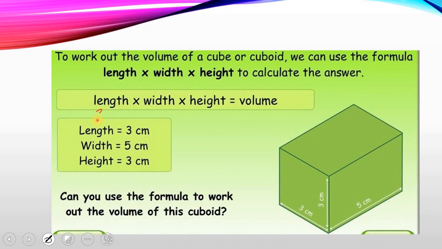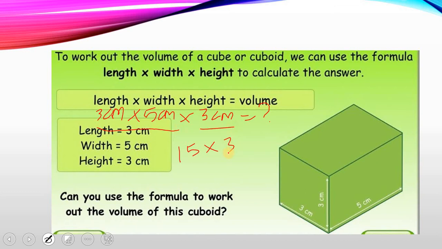So length adalah 3 cm, right? Width adalah 5 cm, height adalah 3 cm. So you only have to multiply, perlu darab saja berapa dia punya volume. Jadi 5 darab 3 adalah 15, kan? Okay, yang ni settle. Kita darab ni pula.